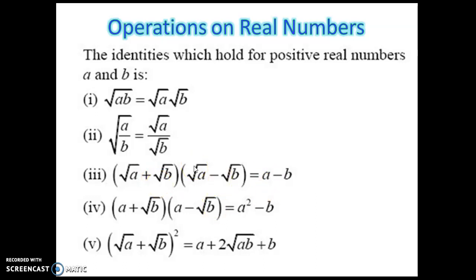Okay, a minus b. Then the fourth identity: (a + √b)(a − √b) = a² − b. Moving to the last identity: (√a + √b)² = a + 2√(ab) + b.